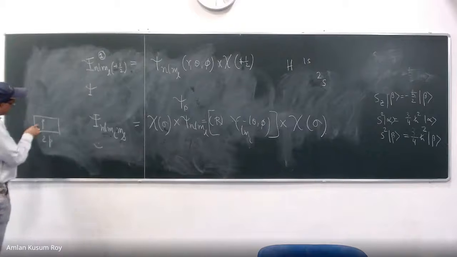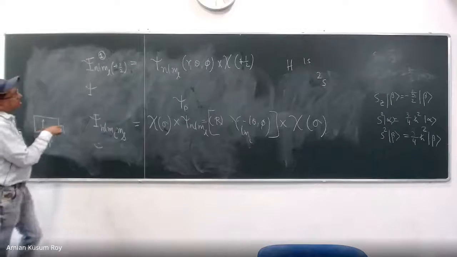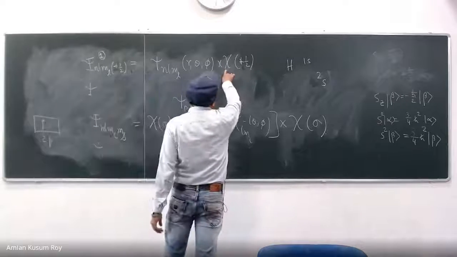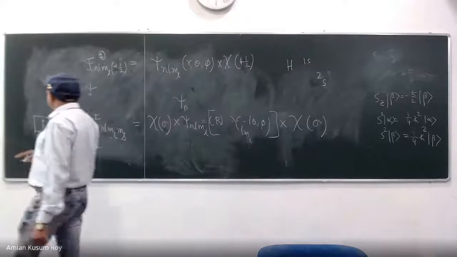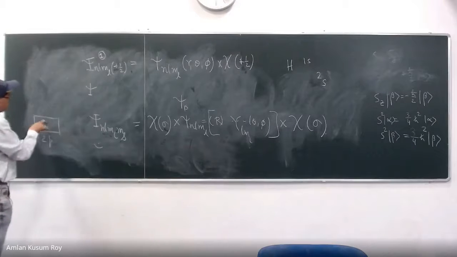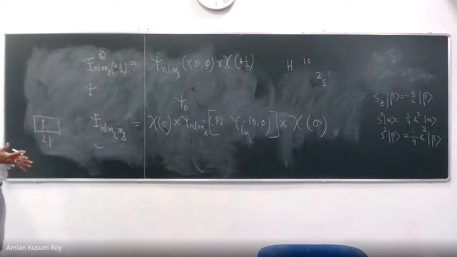One electron has the possibility of becoming up spin or down spin. It can be an eigenfunction of Sz with half eigenvalue, so I can call this alpha. Alpha is the mathematical term for the up spin state.